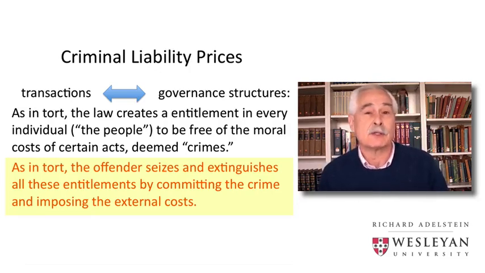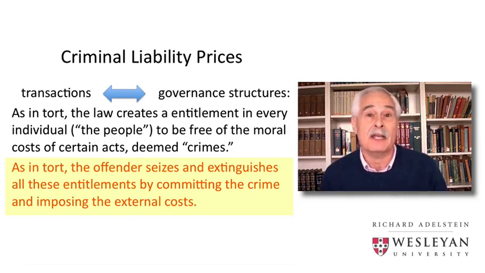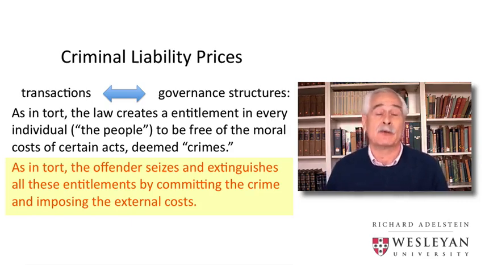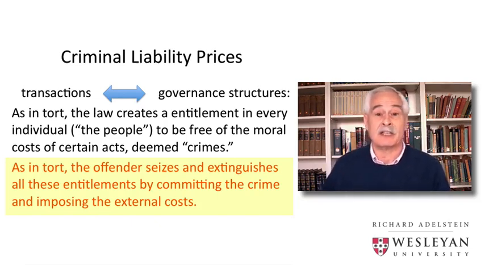So this is the first half of the transaction as we described it, an involuntary seizure of the entitlements, that is, without the consent of the entitlement owners by the offender in the act that is deemed to be the crime. So when the offender commits the crime, he seizes these entitlements that have been placed by the law in the cost bearers, that is, in the people of the society generally.